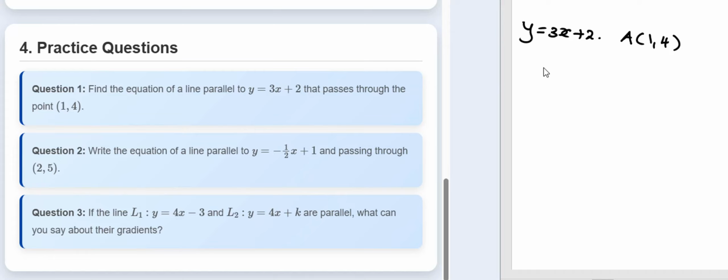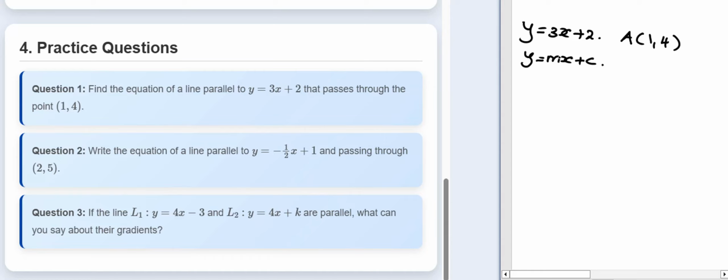We can do so. First, do you realize we already have the gradient of this line, because the normal equation of a line is given by y equals mx plus c, where m is the gradient. If you don't understand this concept of finding the gradient from a line, you can review lesson 3.